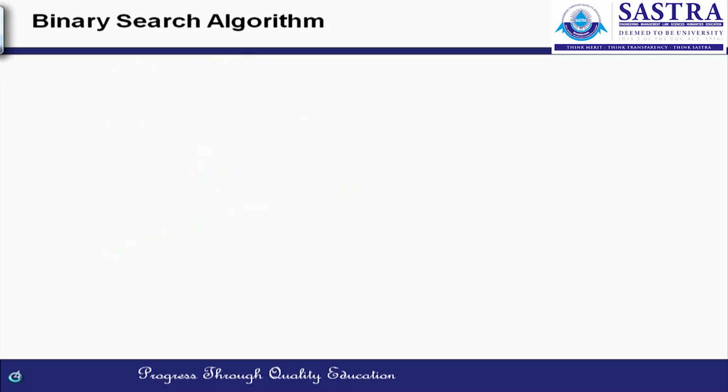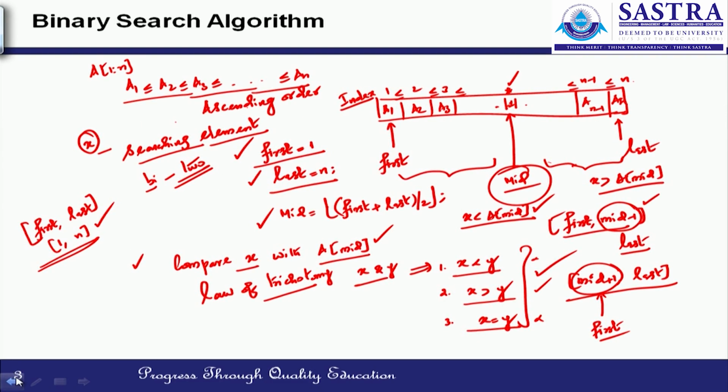Initially set first equal to 1, then set last equal to n, then find the value of mid. The entry condition into the control logic is that first should be less than or equal to last. When that condition is true, find mid, which is first plus last divided by 2.